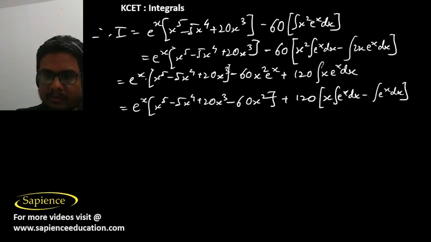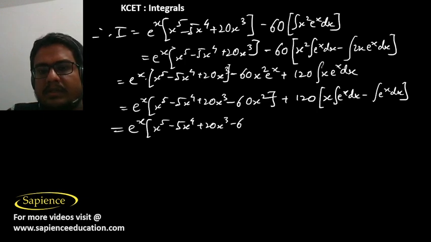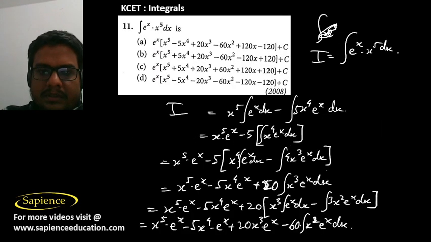So this is now e power x. So this will be e power x into x power 5 minus 5x power 4 plus 20x cube minus 60x square plus 120x e power x, then minus 120 e power x. Okay.